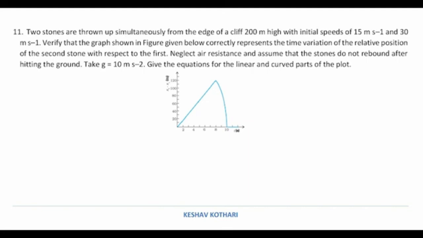So we are considering that this is the cliff from which the stones are thrown up simultaneously, and the height of the cliff is 200 meter.